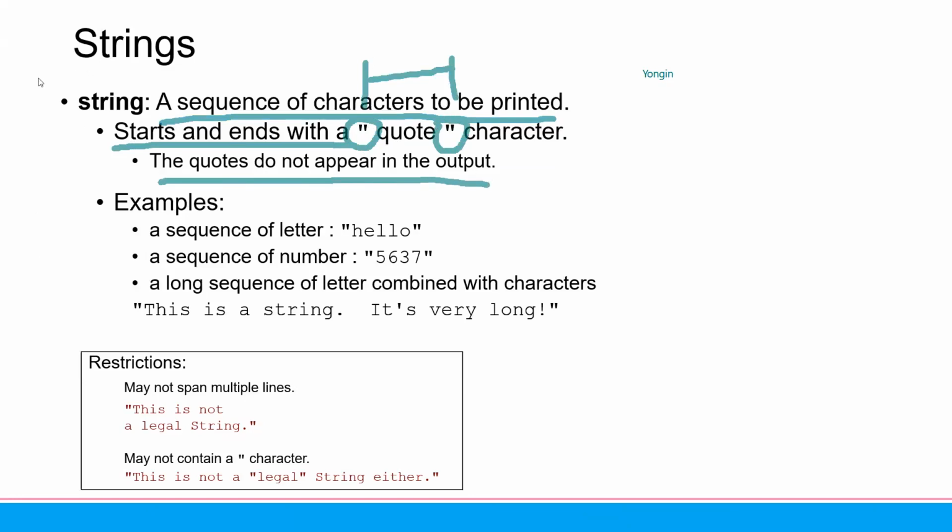When we have any text, the double quote will not appear. So for example, if we have a sequence of letters hello, or a sequence of numbers 5, 6, 3, 7, or we have a long sequence of letters combined with characters. For example, this is a string, it's very long. So those kinds of words are considered as string.